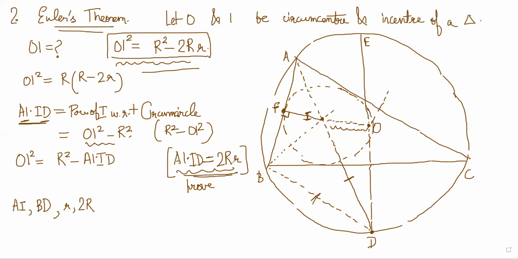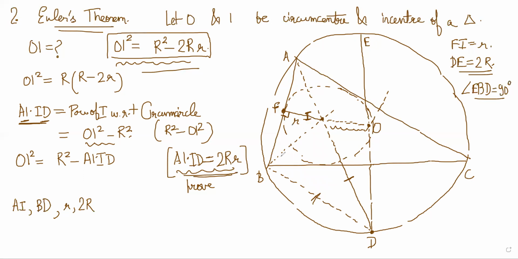Obviously this FI is smaller, right? And DE is 2 capital R, right? That is the diameter. And therefore, since it is a diameter, you have angle EBD will be 90 degrees, right?